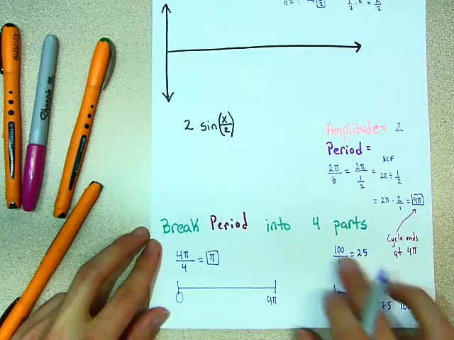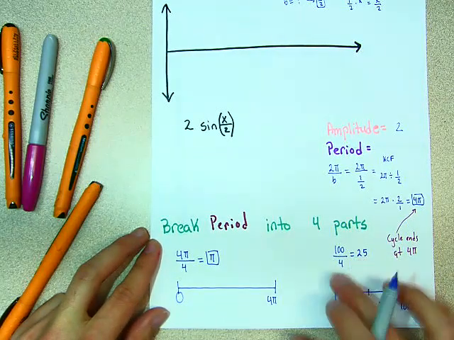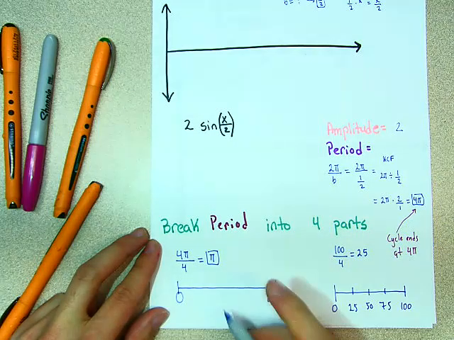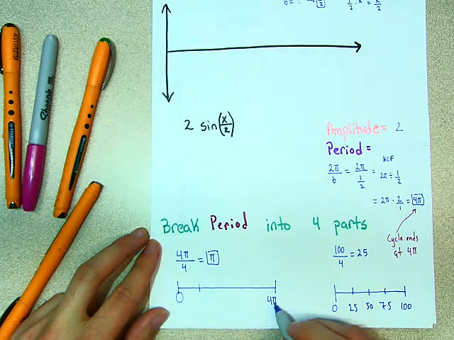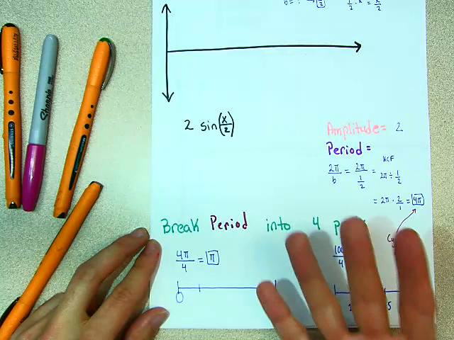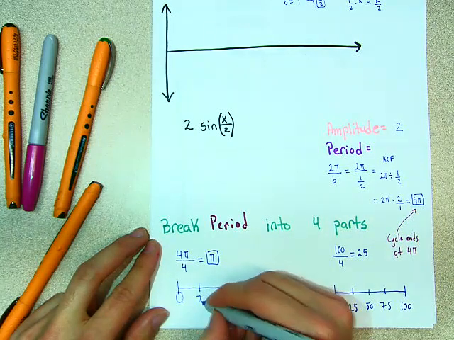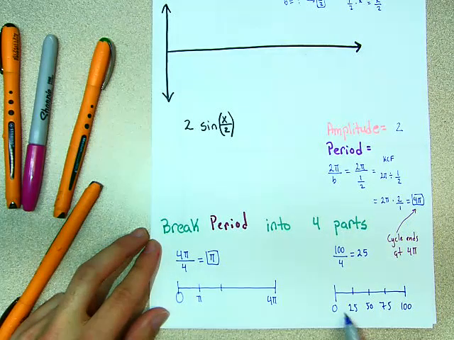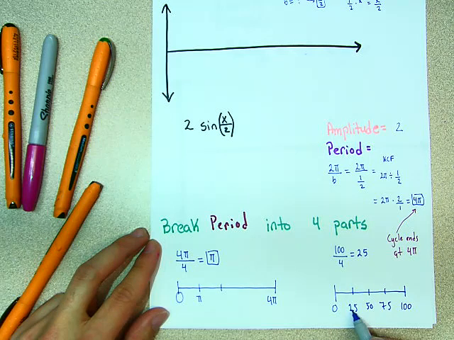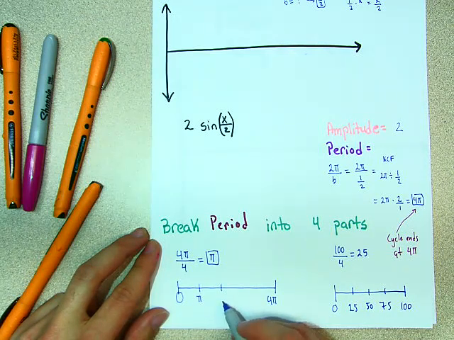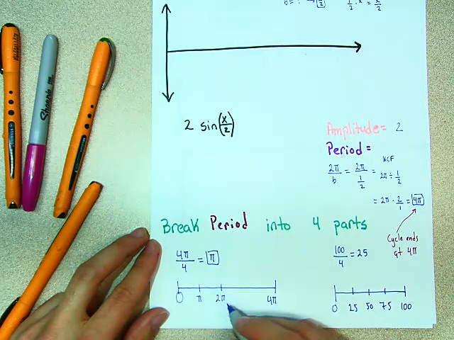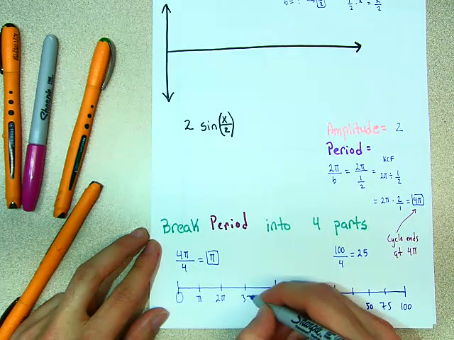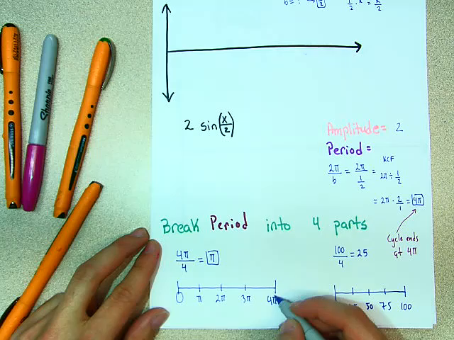I always show this example to myself if I ever get confused on how to break the intervals. Here we're breaking 4 pi into 4 parts. So this is the first part. How do you go from 25 to 50? You add 25. Well, here we're just going to add pi. So this is 2 pi. If I add another pi, this is 3 pi. And if I add another pi, I get 4 pi.